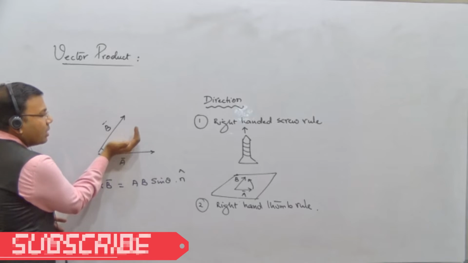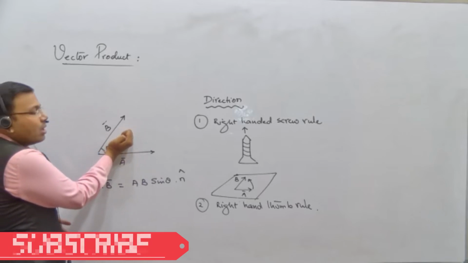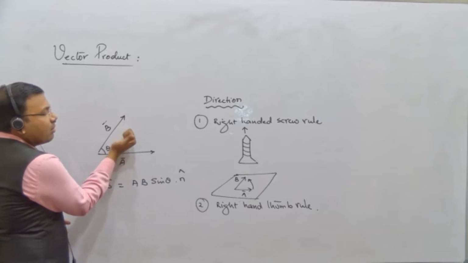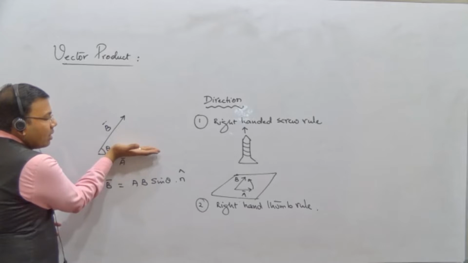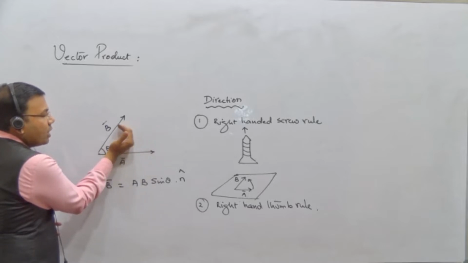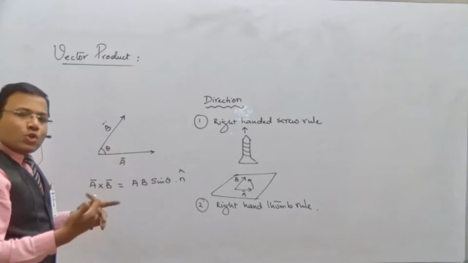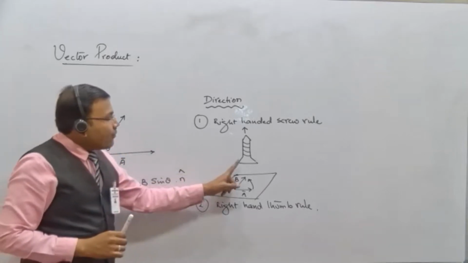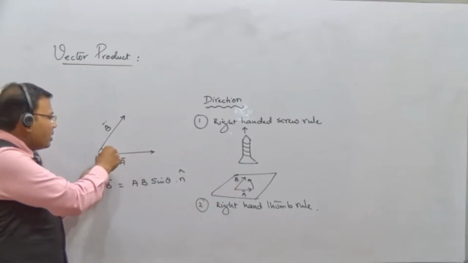You curl in this way, and just find the direction of your thumb. Stretch the thumb, it is like this. So if it is A, just turn your fingers towards B in order to calculate A cross B. Then the direction of the thumb gives the direction of A cross B. So what I said at the time of explaining this rule, A cross B means it is outside.